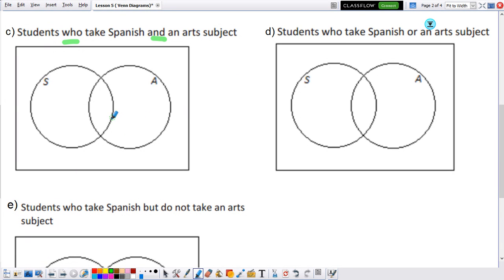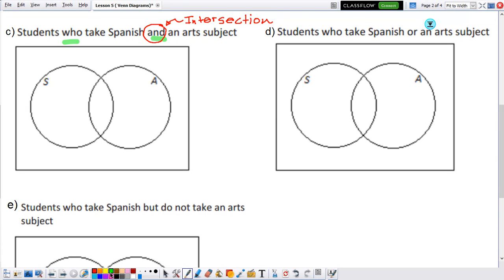So we want to know the region that those two circles have in common, because whenever they use the word and, you can think about it as the intersection. So intersection, when you use the word and in the Venn diagrams, we usually want to talk about the intersection.